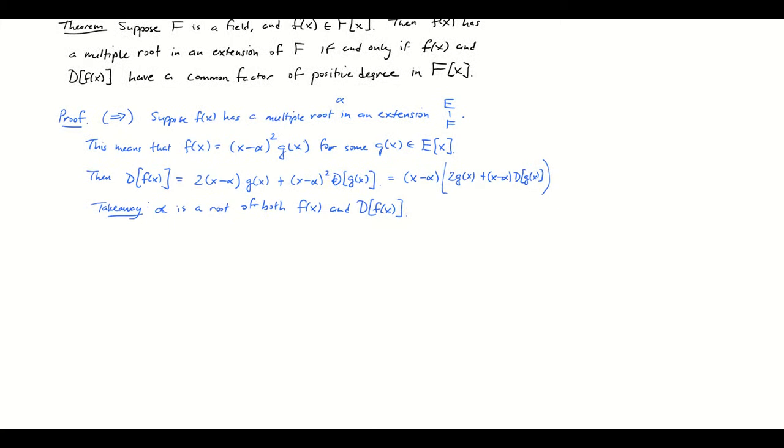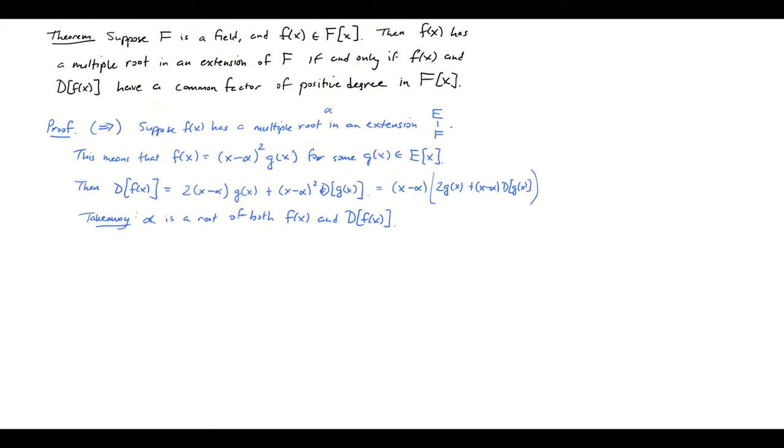Okay. So now this is like part 2 of the argument. All right, suppose we use the Euclidean algorithm on f of x and the derivative of f of x. Now I'm going to do it in that order, divide f of x by its derivative because the derivative has smaller degree.